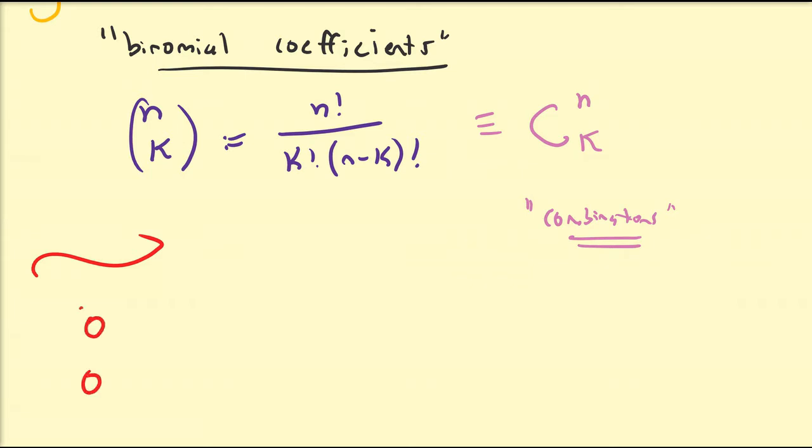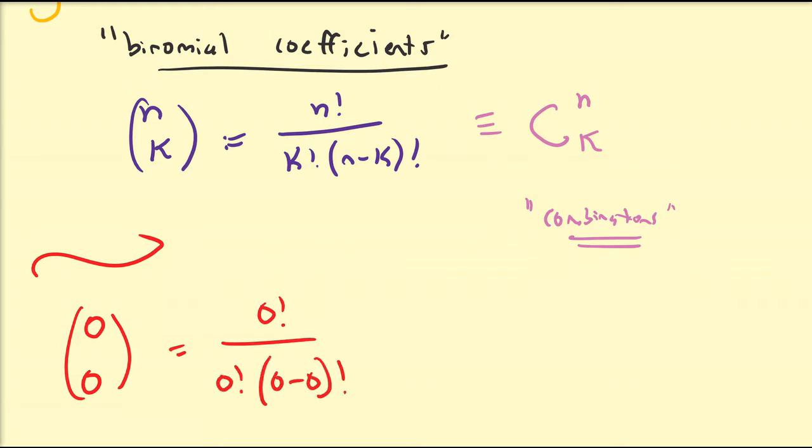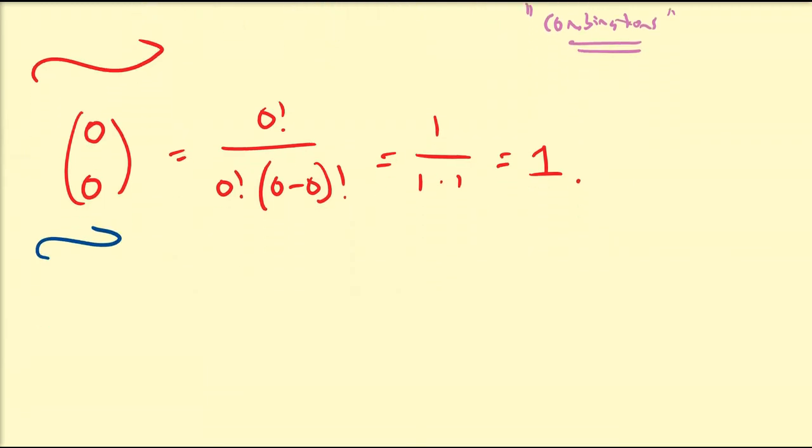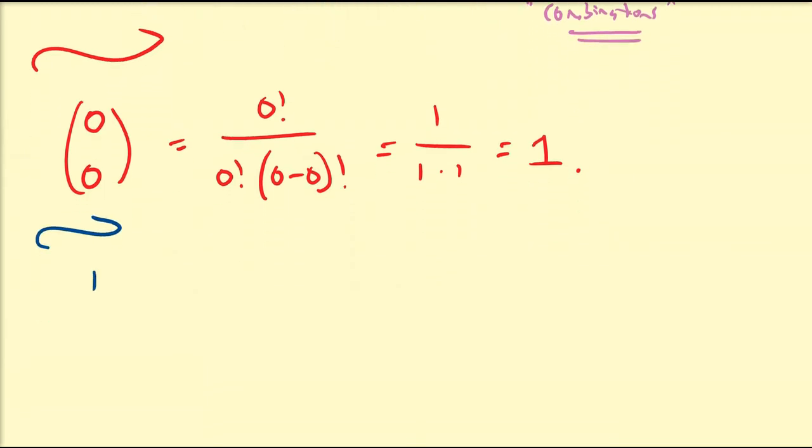So what does 0 choose 0 equal? By definition, this is 0 factorial over 0 factorial times 0 minus 0 factorial. All of these are equal to 1, so that's going to be equal to 1. Let's look at, say, 1 choose 0. That's going to be 1 factorial over 0 factorial times 1 minus 0 factorial.